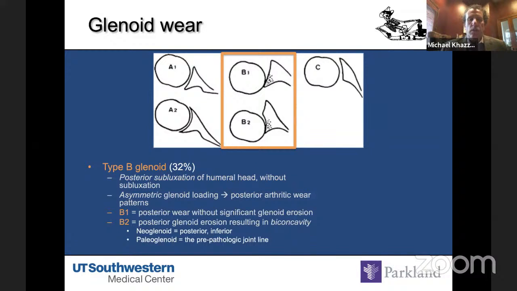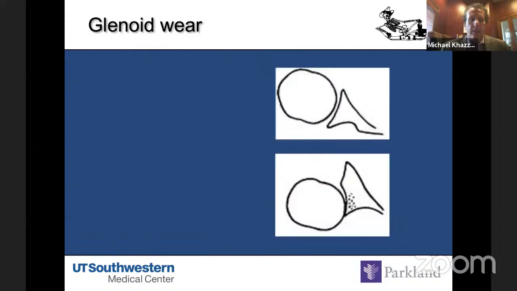The B2 had a characteristic biconcave glenoid with a neoglenoid, or the new posterior inferior joint that was created by the wear, and the paleoglenoid, which is the pre-pathologic glenoid, which is usually undisrupted anterior glenoid vault and intact subchondral bone in this area.